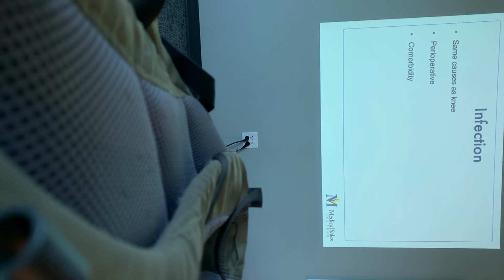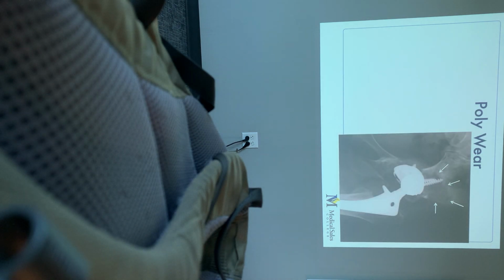Okay, so what happens to pull these patients back to the operating room, having the primary total joint fail? Well, the same causes as knees, right? Infection, poly wear, and you know, recognize this. You can see that when you see these big cavities around the implant, when you see this femoral head moved severely, you know that you've lost all that polyethylene there.